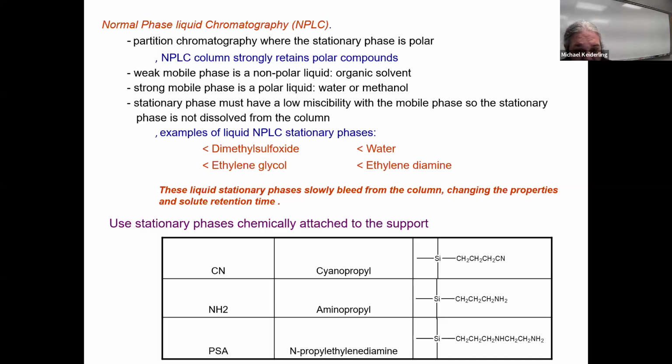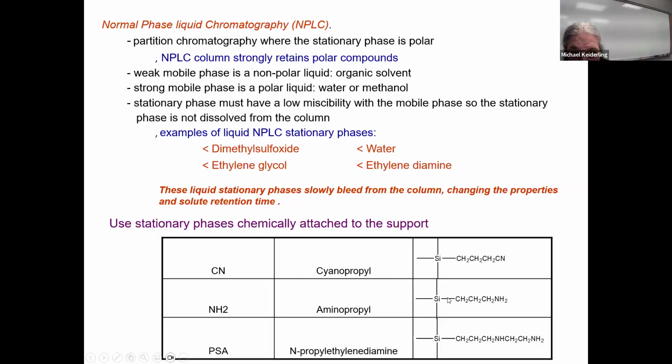dimethyl sulfoxide, ethylene glycol, water, ethylene diamine. And the liquid stationary phases will slowly bleed from the column, changing the properties and solute retention times. So commonly these days, people use stationary phases chemically attached to the support, like aminopropyl, or propylethylamidine bound to the silica.